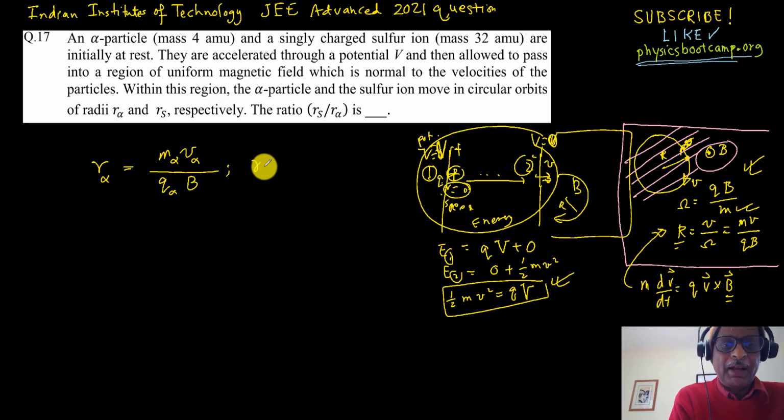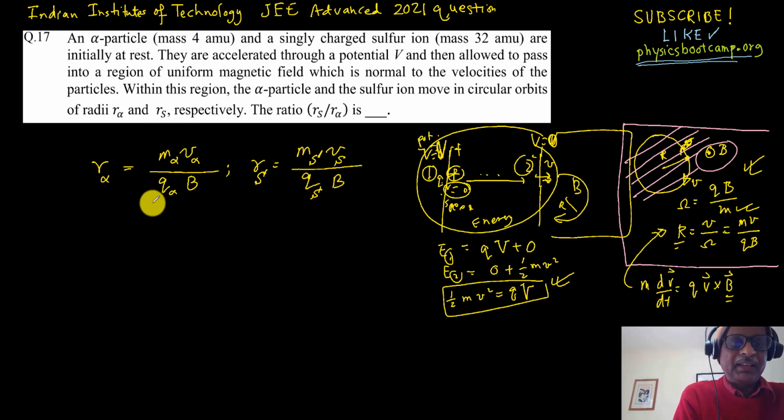And R for the sulfur ion is going to be m of the sulfur ion, v of the sulfur ion, over q of the sulfur ion times B. Now if I take a ratio of these two, R_S over R_alpha, that's the question.